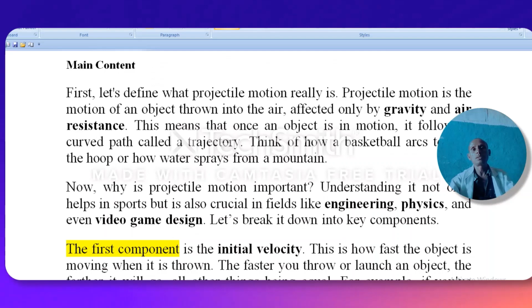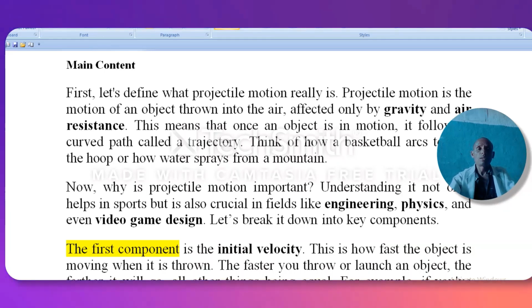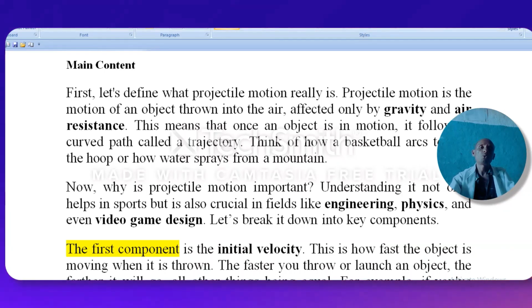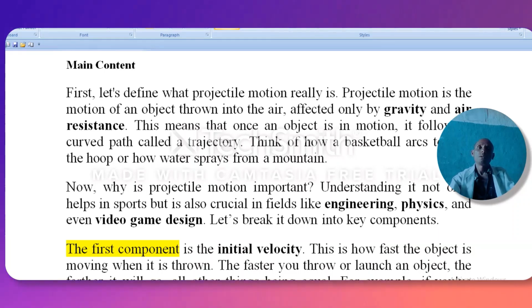One parameter that determines the motion is the angle of projection. The second is the presence of air resistance. We have learned parameters that impact projectile motion: first the angle, second the mass of the object, and third air resistance.